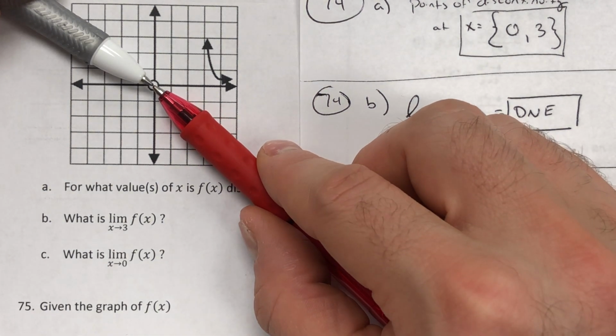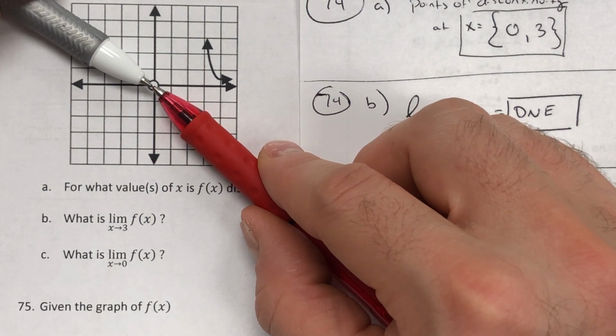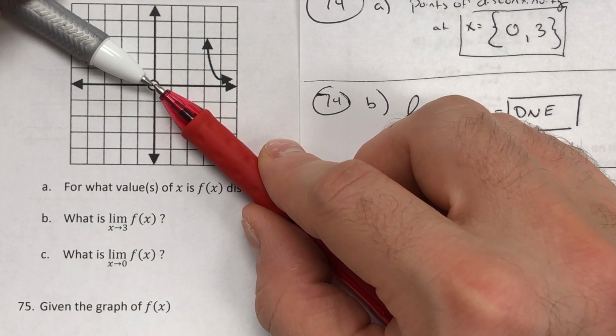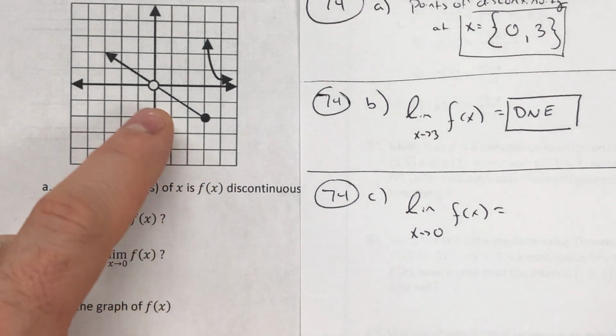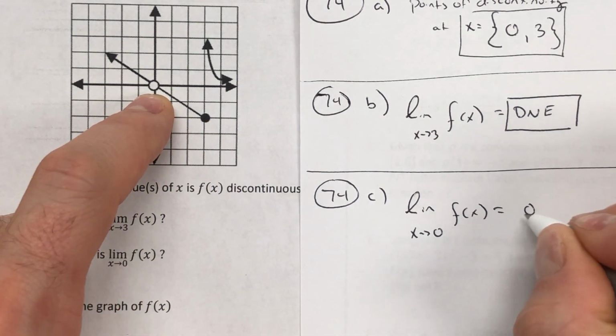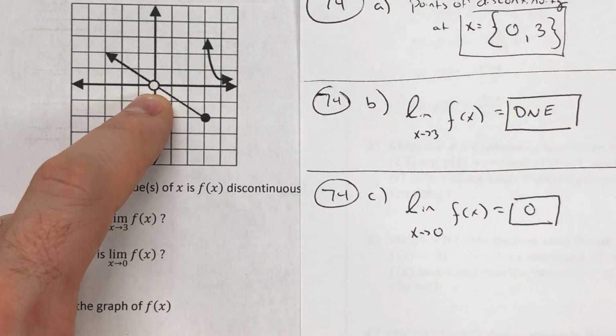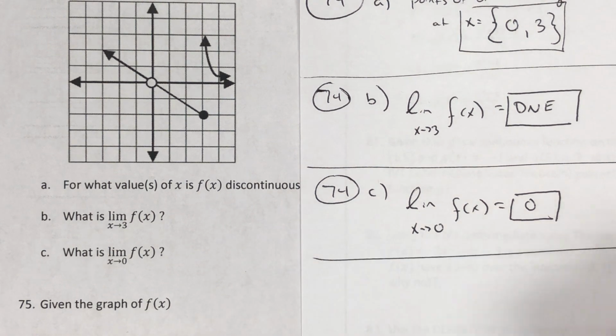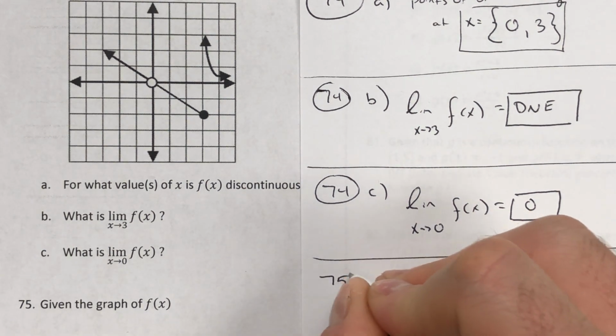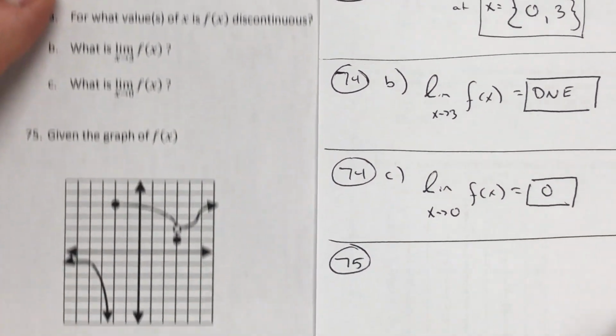And from the right-hand side, it is also approaching 0. And even though I can't plug in 0, they're approaching the same value, which means the limit of that graph is that value that they approach, 0. Boom. So that was 74C.